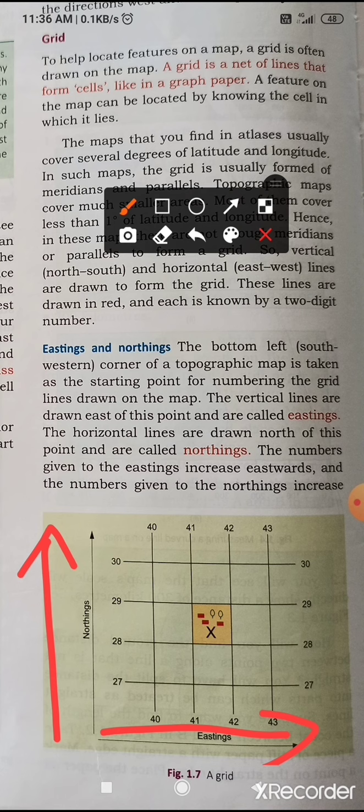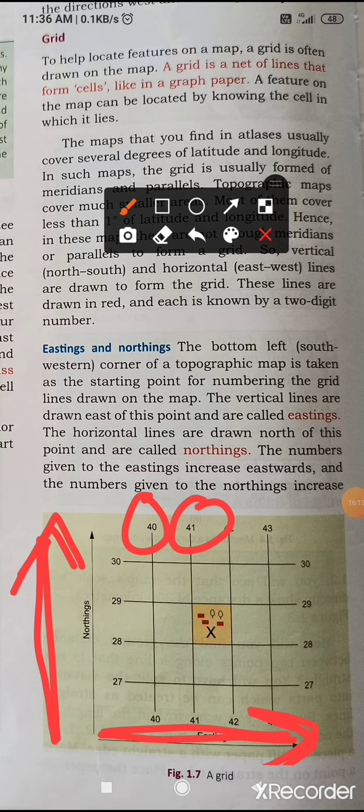The vertical lines are drawn east to this point, or you can say the lines which are going in the eastward direction are known as easting, and the lines which are moving towards north are known as northing. Then numbers are already given, 40, 41, then 42, 43, here also 27, 28, 29, 30.